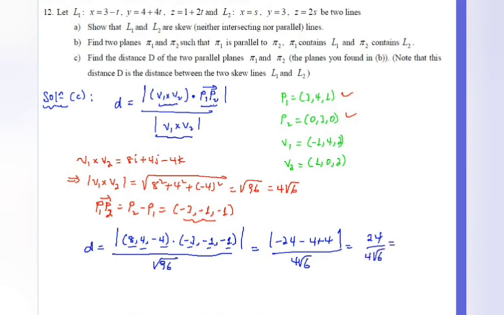Dividing by 4 root 6, the result is radical 6. So the distance between the two planes is radical 6.